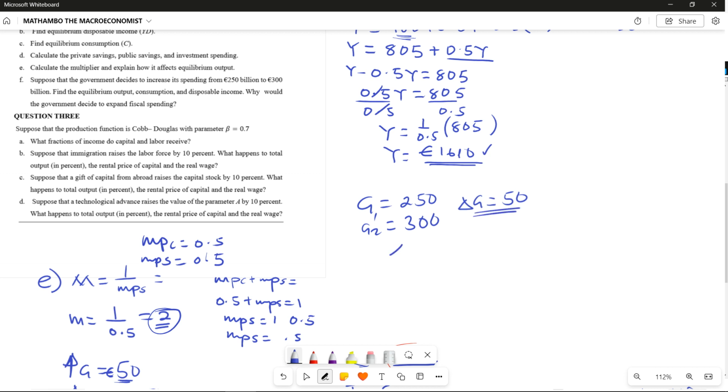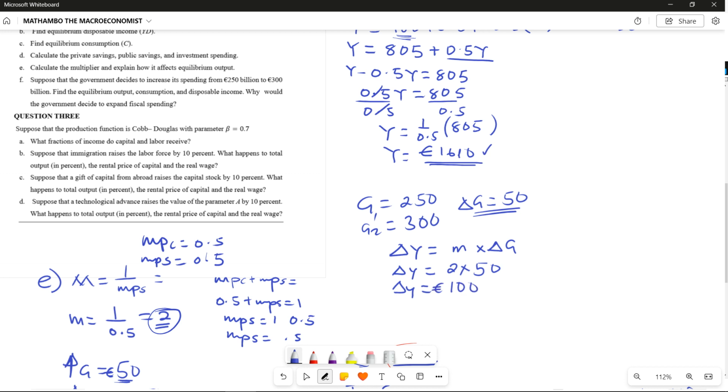To find the change in Y as a result of this change in G, the change in Y will just be the multiplier multiplied by the change in G. The multiplier is 2, multiplied by 50, meaning the change in Y is going to be 100 euros.